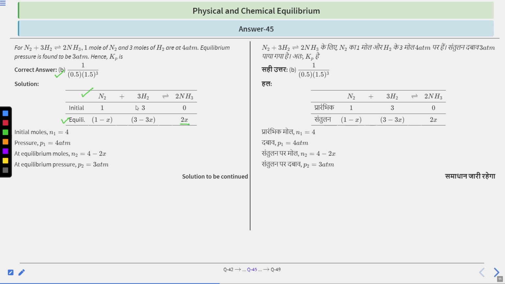Now as we can see, the initial total moles are 3 plus 1, 4, and the initial pressure is 4 atmosphere. Now at equilibrium, the moles, that is N2, will become 1 minus x plus 3 minus 3x plus 2x, which is 4 minus 2x. And at equilibrium, it is given that the pressure will become 3 atmosphere.